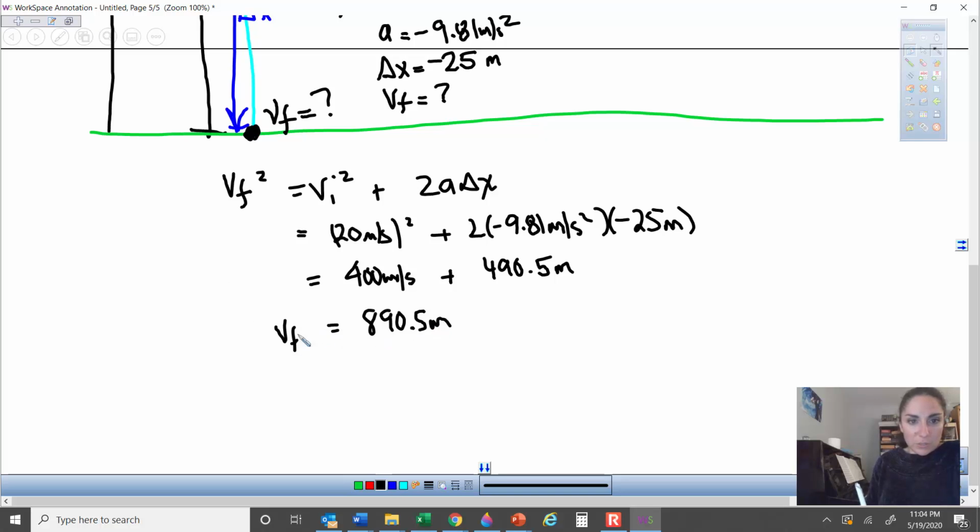That is v squared, so I have to square root both sides to get the velocity at the bottom. Did I mess up something?